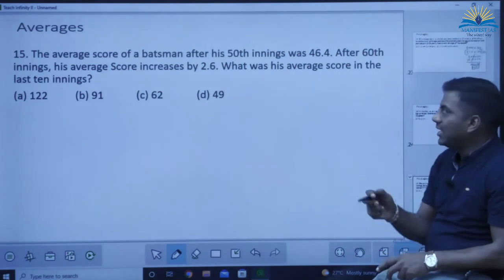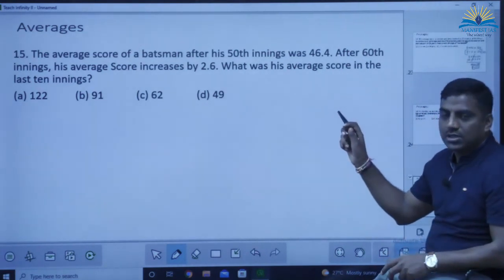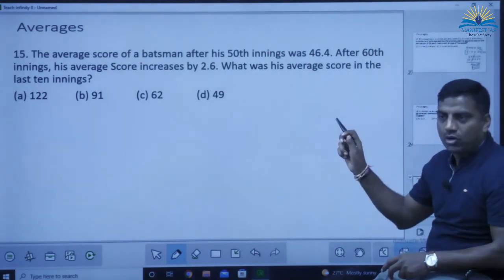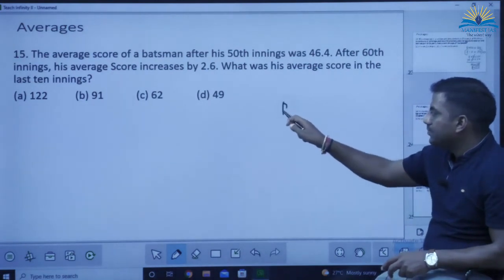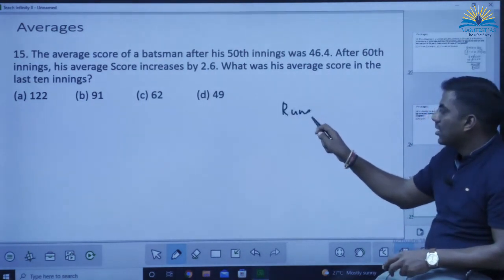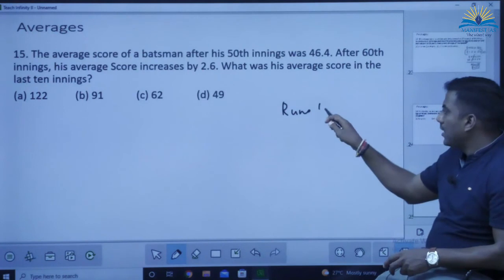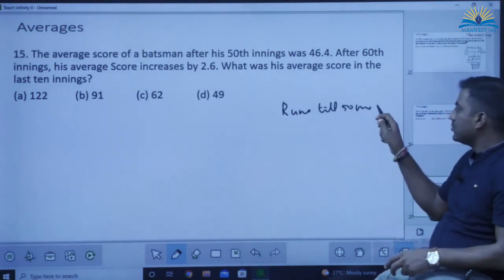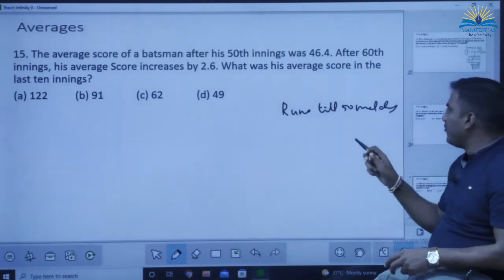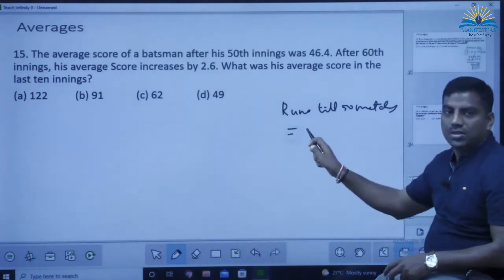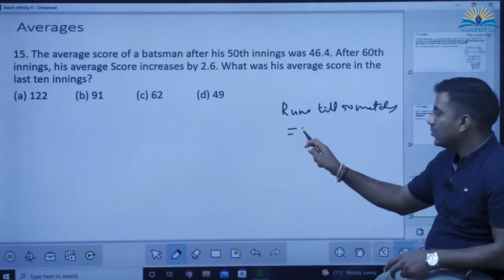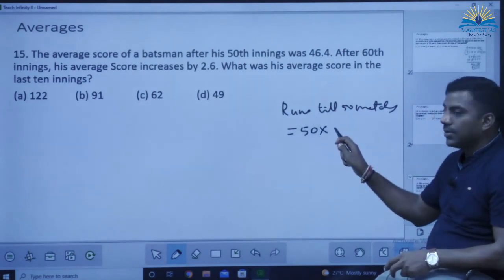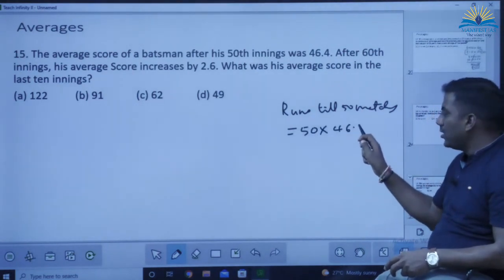Batsman after the 50th innings, his average is 46.4. So his total runs in 50 matches, how much? 50 into 46.4.